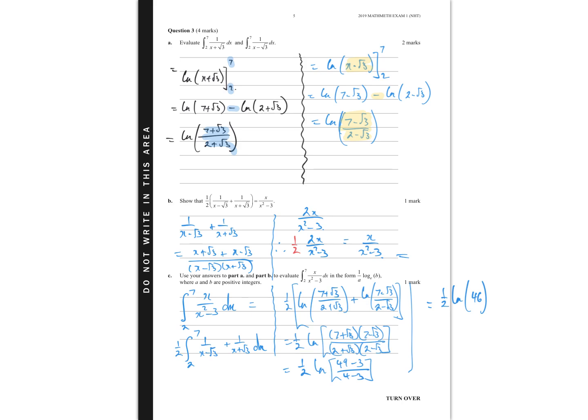Part B, show that a half of that equals x over x squared minus 3. So we've got two separate fractions here to combine into one, so we're going to have to cross multiply to get a common denominator, which is what we've done. The x plus √3 there, I've multiplied across the top left, the x minus √3 there, I've multiplied across to the top right, and then we multiply the denominators together because that's how we do our fractions.